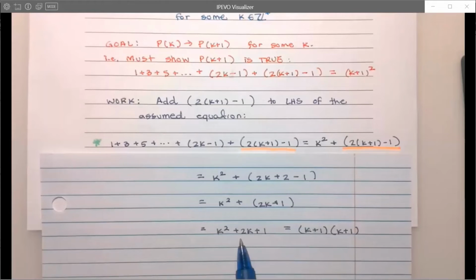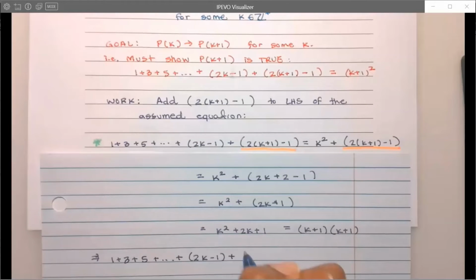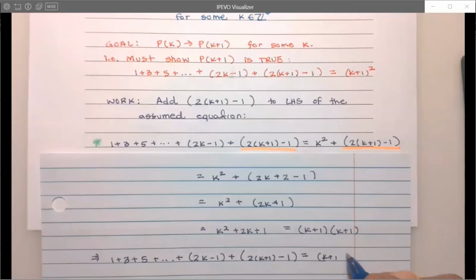All right, now what does that mean? Well, that means that 1 plus 3 plus 5 plus 2k minus 1 plus 2 times (k plus 1) minus 1 is equal to this (k plus 1) squared.